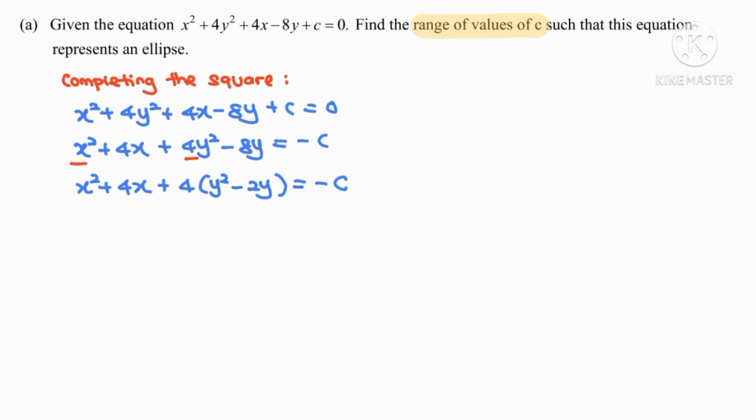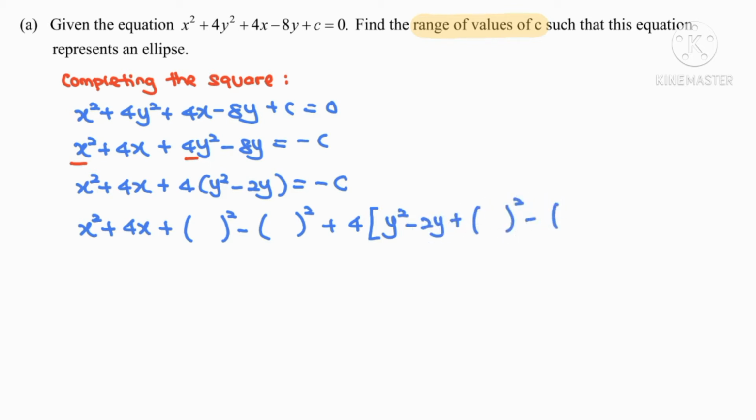Alright, so here we have x squared plus 4x plus some constant minus some constant, plus 4 times y squared minus 2y plus some constant minus some constant, equal to negative c.